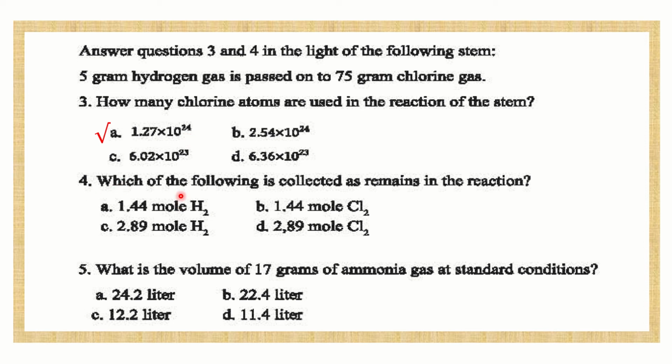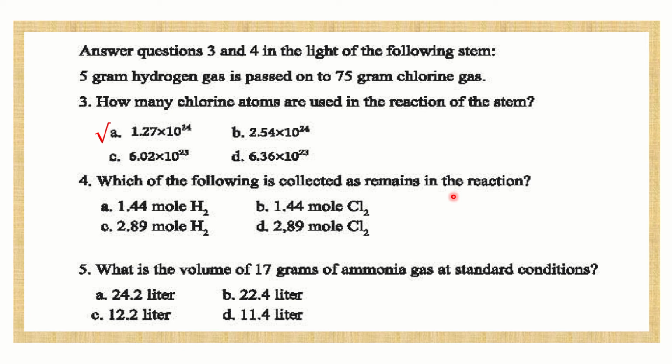Now question number 4: which of the following is collected as remains in the reaction? Dear students, from MCQ number 3, we already knew that chlorine will be fully used in this reaction. So which one will remain? Hydrogen.